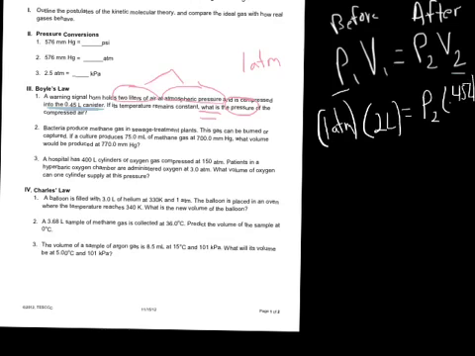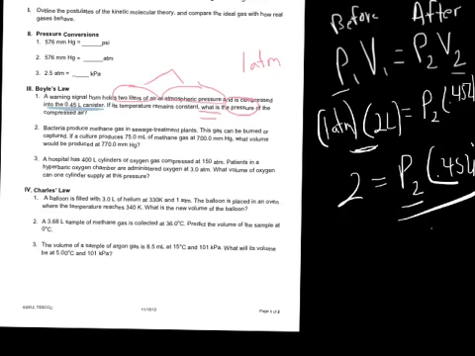And so how do I solve this out? Pretty easy. I do this side first. 1 times 2 is 2, is equal to my final pressure times 0.45 liters. I need to get this by itself so I can solve for the final pressure.